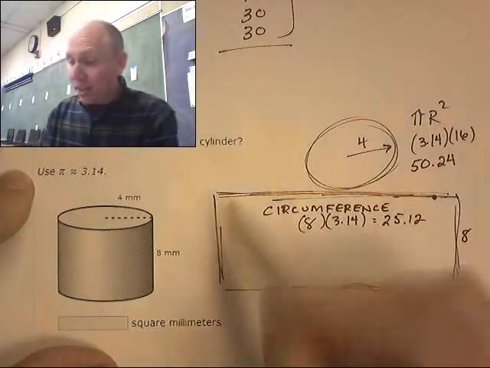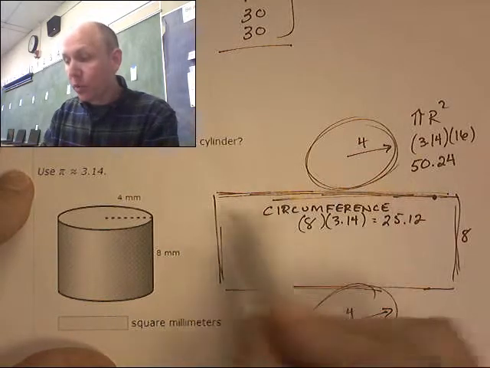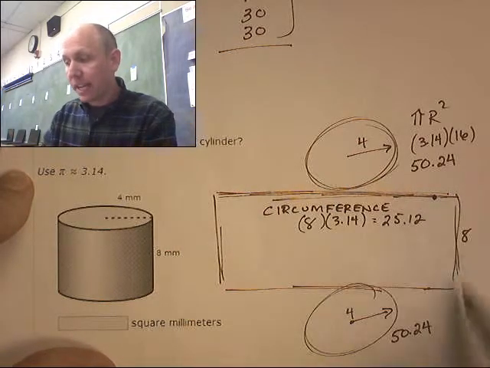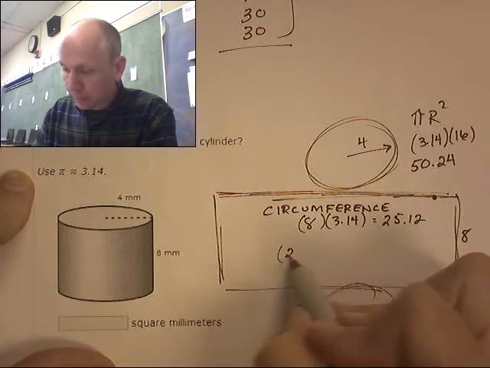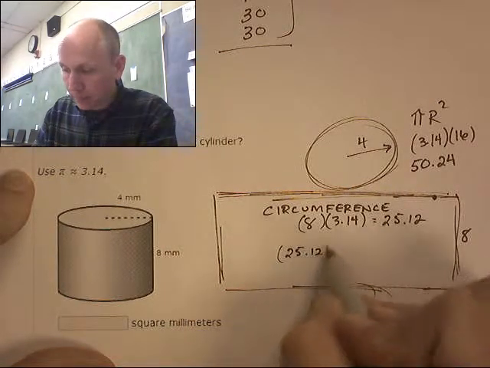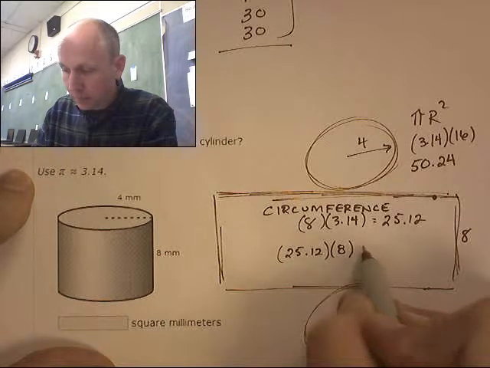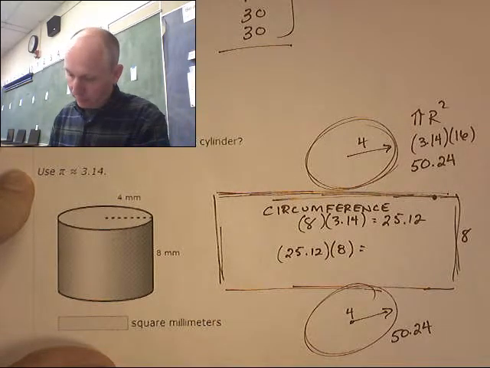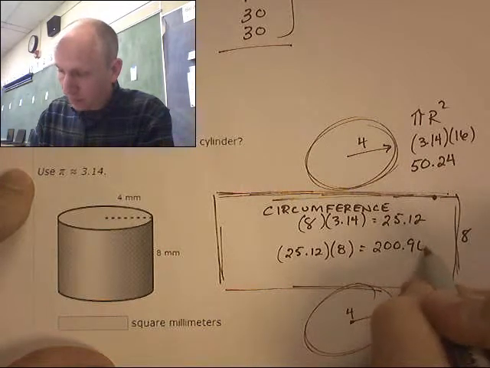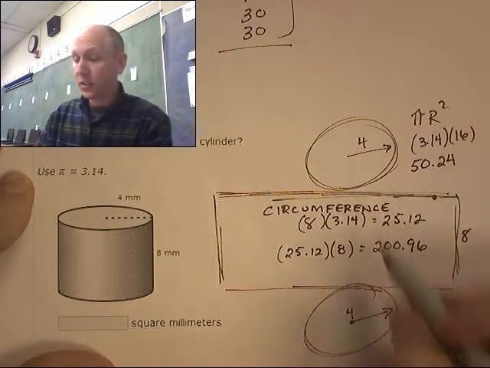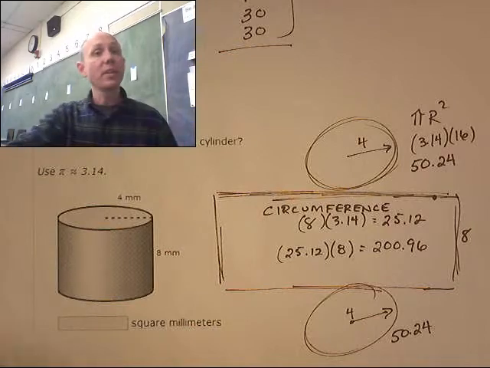So what is the area of this rectangle? This length is 25.12. This height is 8. I multiply them, and I get 200.96. So I have the 3 areas that I need.